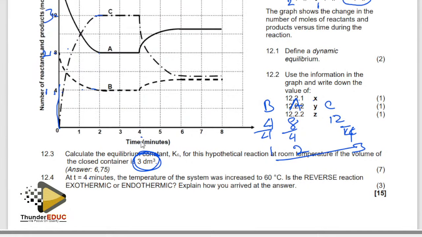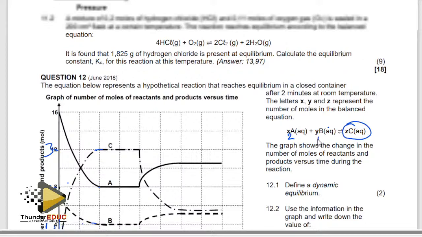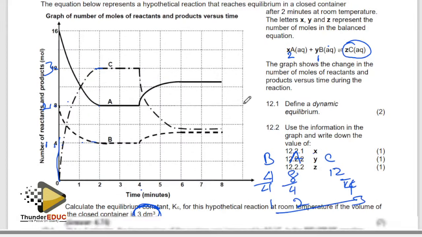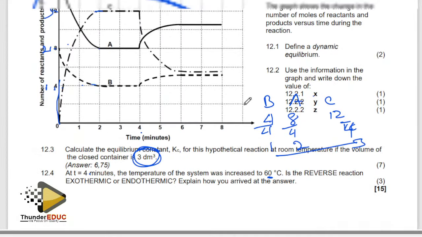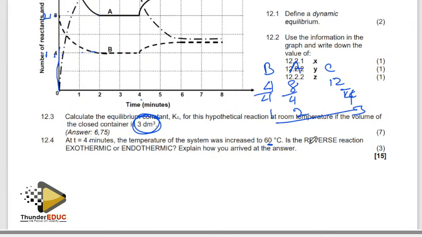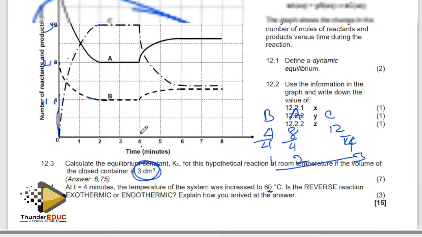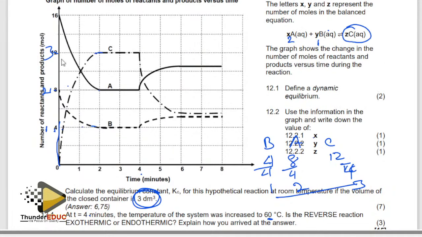the temperature of the system increased to 60. When you increase the temperature, what does it mean? Does it favor the reverse reaction or the forward reaction? You have to first identify whether this reaction was exothermic or endothermic. So in this case, when they're saying that is the reverse reaction, check here. It was like this.